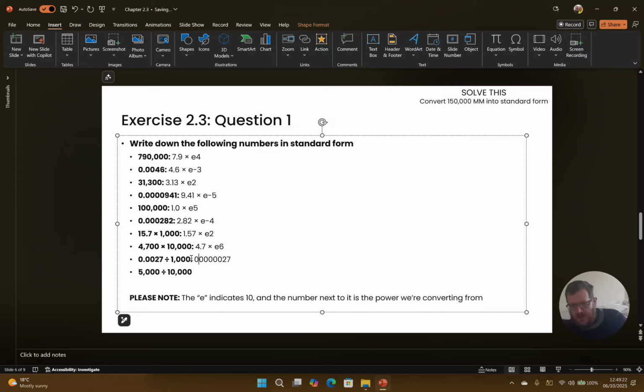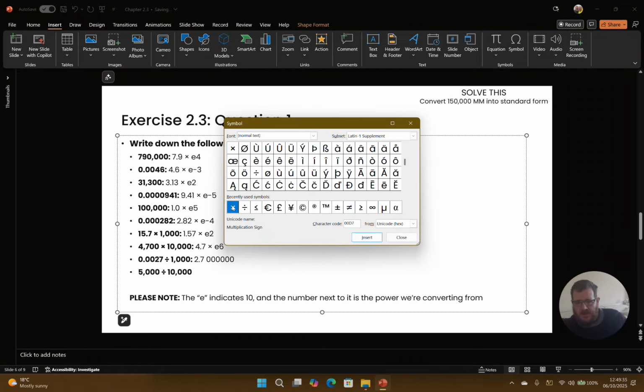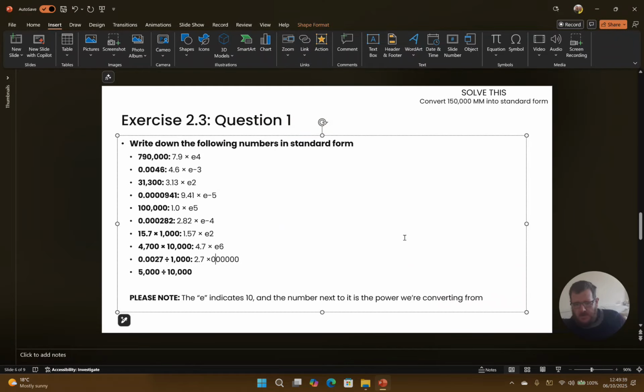And then we put the number between 1 to 10. And then we do the E number on that, which again is 1, 2, 3, 4, 5, 6.